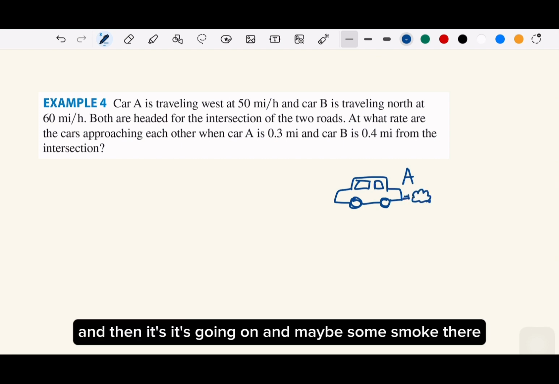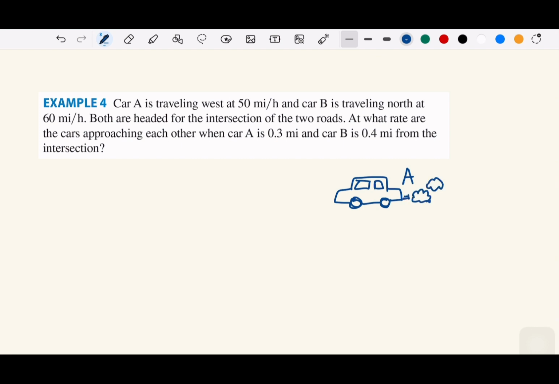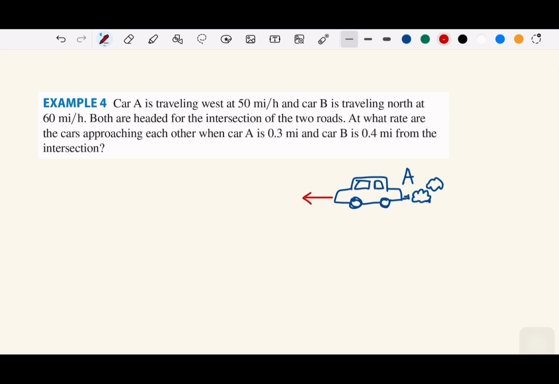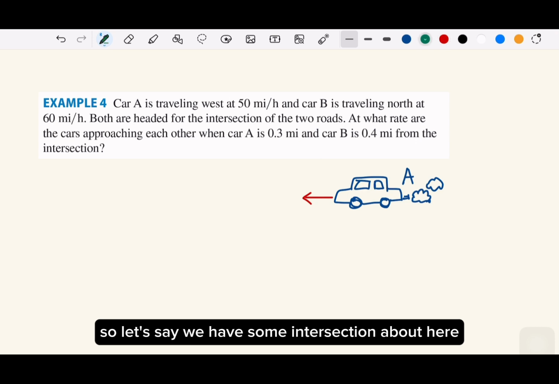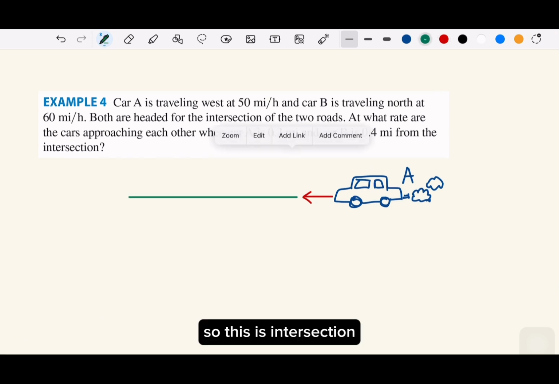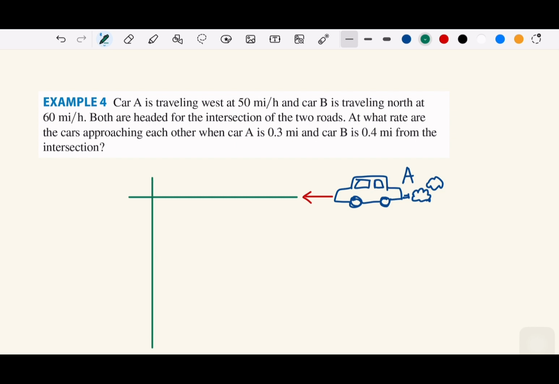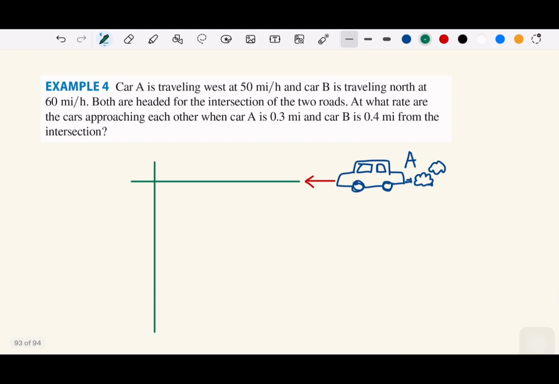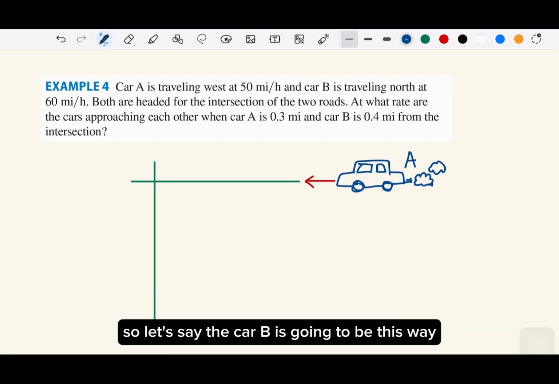Let me give some smoke there. So it's going over there. Let's say we have some intersection about here. So this is the intersection. The car B is traveling north, so let's say car B is going this way.